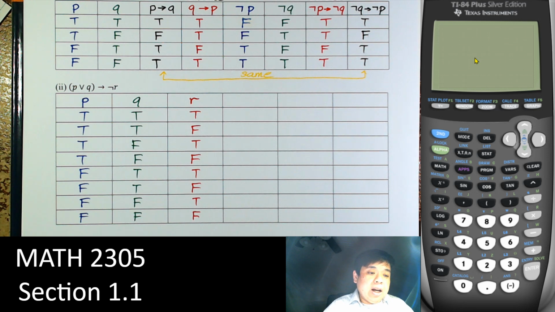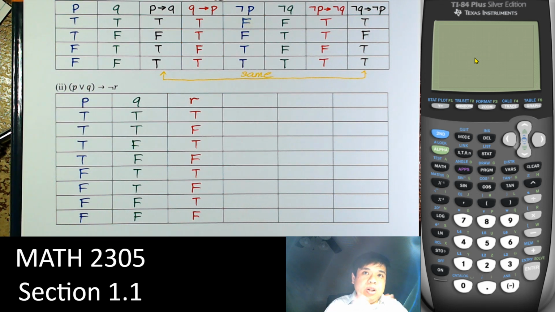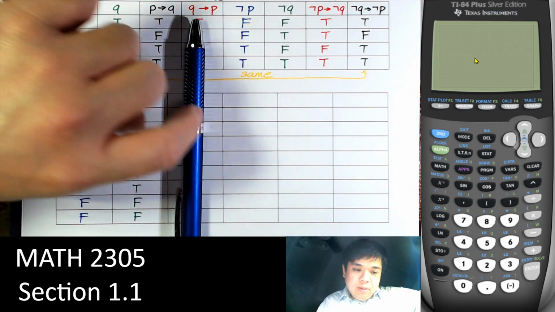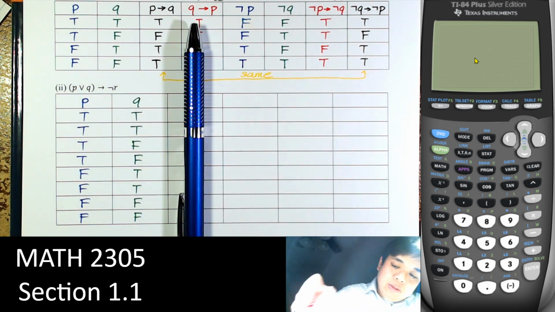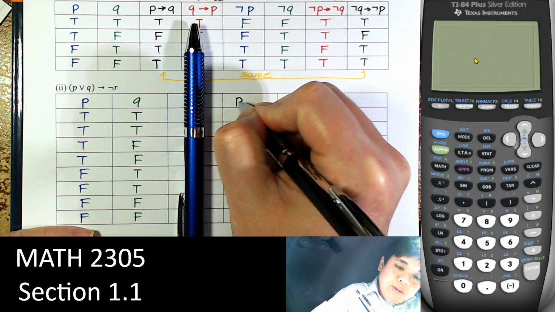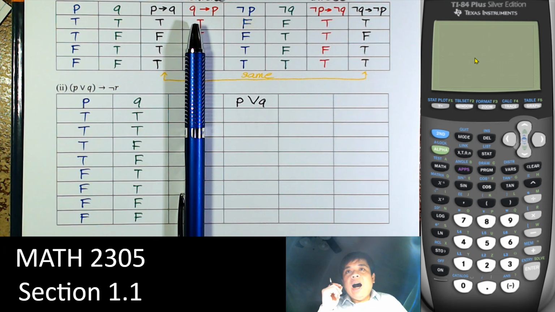Right, next. So when we look at this, just like all the operations, we do see the negation, but we also see the parentheses. So let's go with the parentheses. P or Q. Focus on P or Q. It is false when both of them are false.